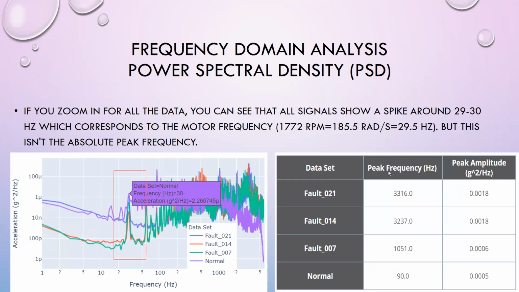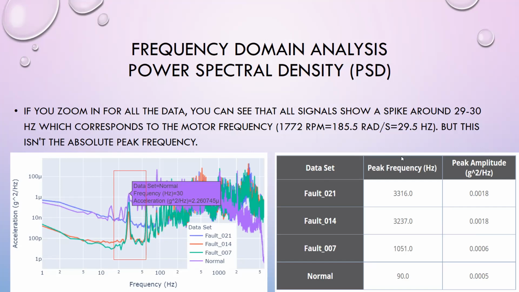And if we extract the results for other faults, you can see that by increasing the fault, this peak frequency has increased. So it can be one of the criteria that you can consider in monitoring of your system.